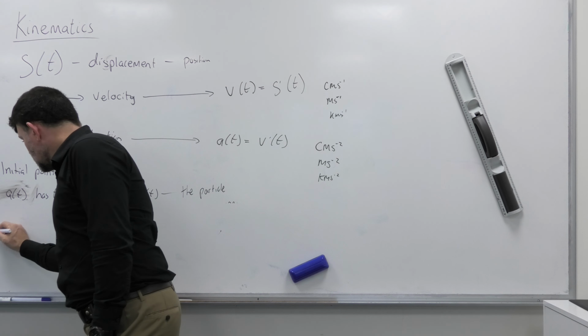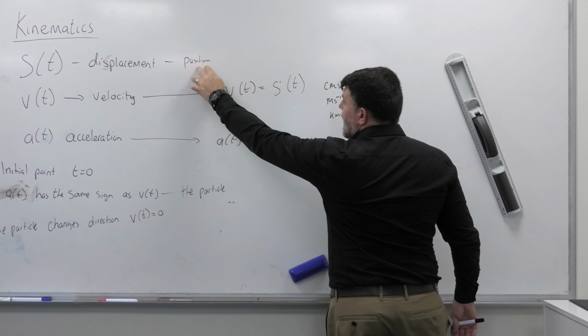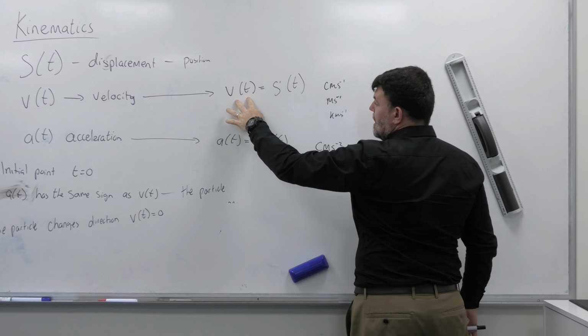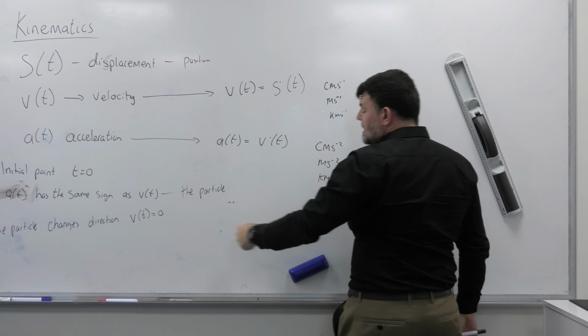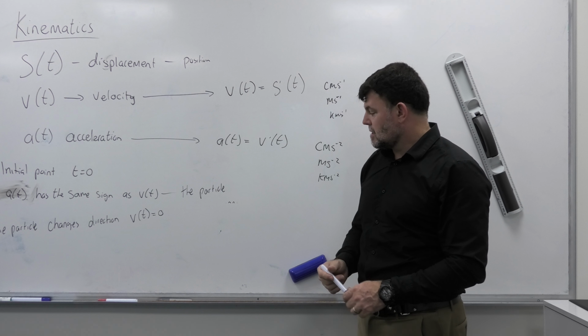Now, we've seen this before in terms of a stationary point. We know that we can work out the stationary point when we take the derivative of our initial function and equate it to 0. Well, that's what we're doing here. We're just deriving our position function to get the velocity function, and if I equate it to 0, that's going to give me where it changes direction, so basically where it's going from max to min, or min to max.